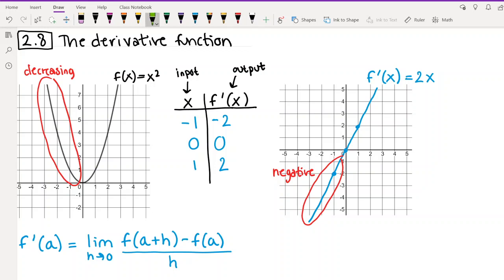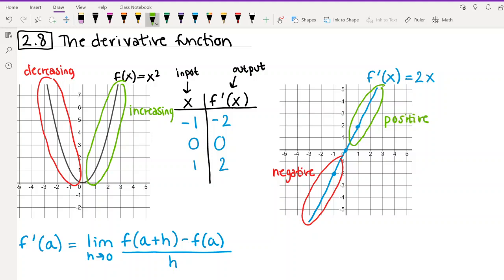So this next part of the graph here is increasing, going up from left to right. And if a function is increasing, that means it has positive slopes. If you were to draw all the different tangent lines on the part that's increasing, they would all give you positive slopes. That's why on the derivative function, the y values are all positive on this part of the graph.